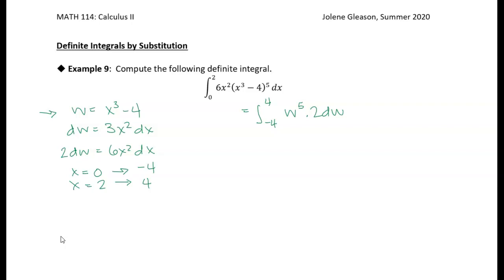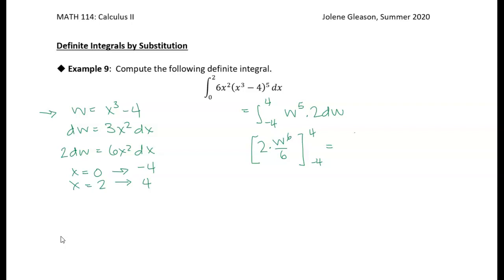Okay, and so what do we get there? We get w to the 6th over 6, but then don't forget, that's times 2. And then we want to evaluate that from -4 to 4. So that's essentially w to the 6th over 3.